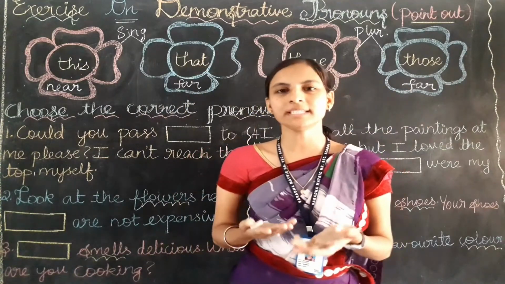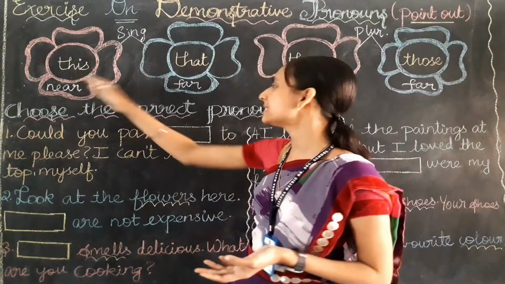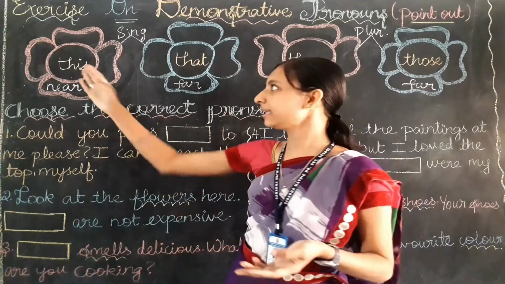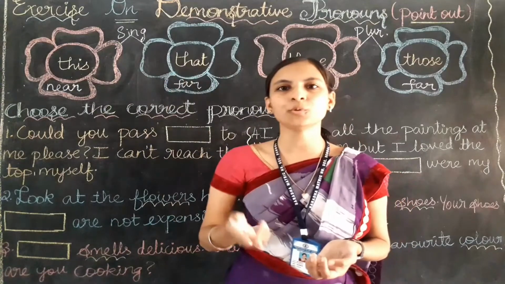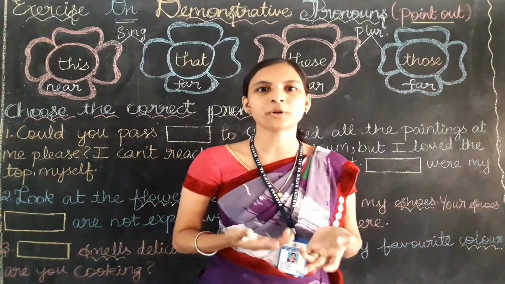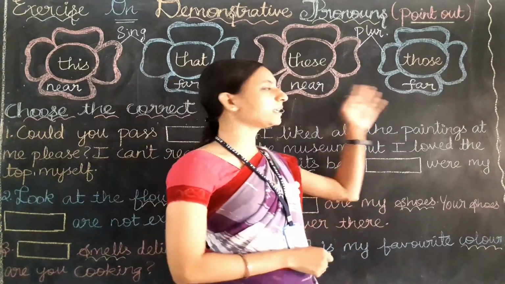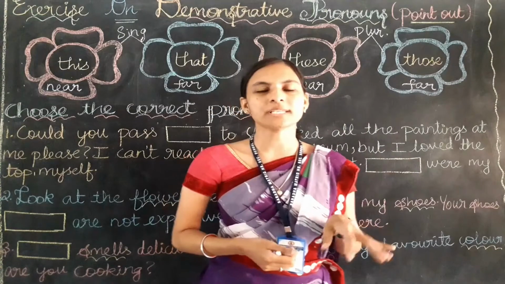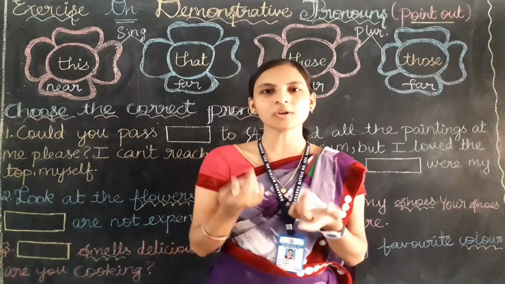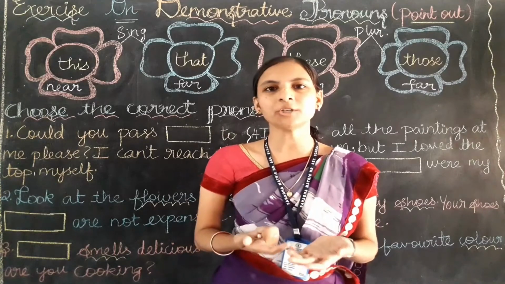Okay, so if the thing is nearby us, which pronouns do we use? Yes, this and these. Remember, this and that are singular pronouns and these and those are plural pronouns. If a singular object, that is, if one thing is nearby us, which pronoun do we need to use?